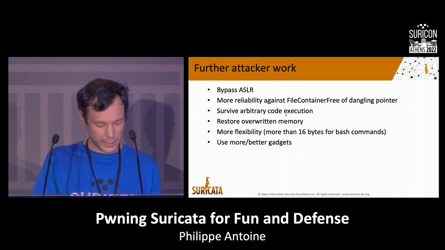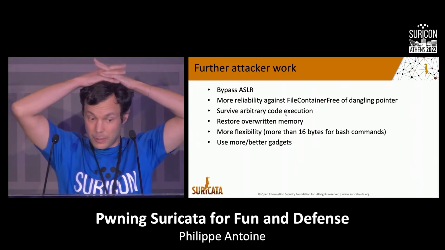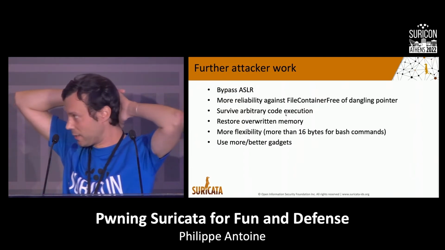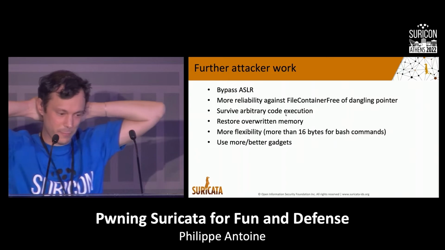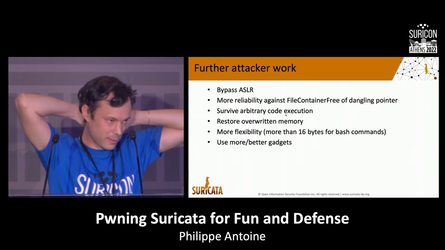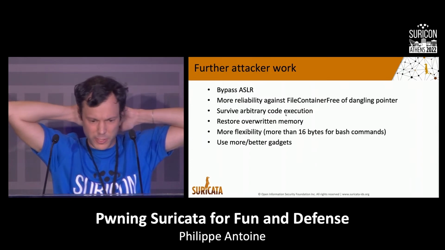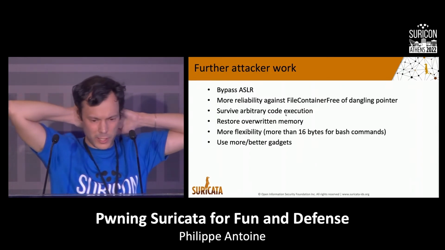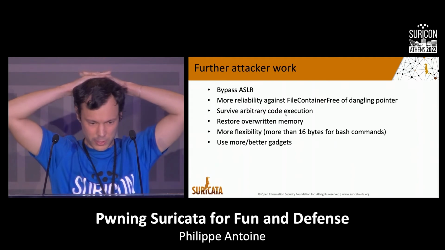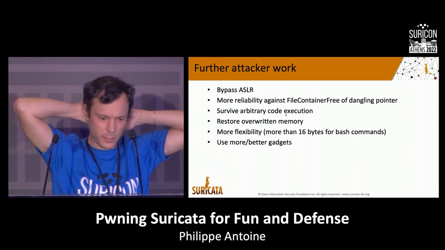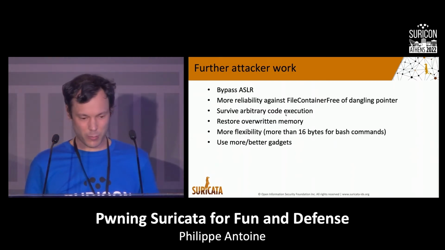So, if I were a real attacker, I would have further work to bypass address space layout randomization, to have more reliability against what was failing with the dangling pointer, to survive the arbitrary code execution.